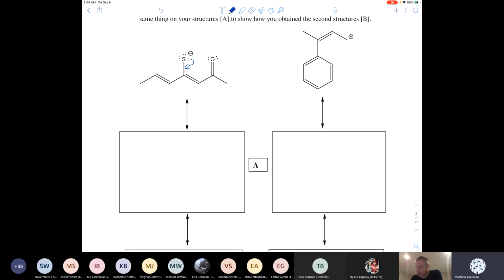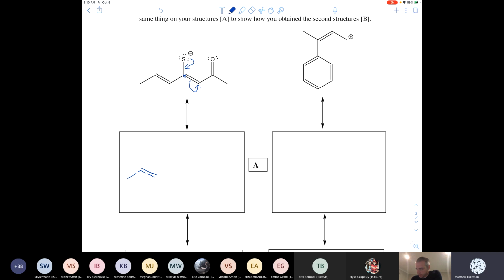We could do that, except if that's all we did, we would end up making 5 bonds to this carbon. So a pair of electrons from that carbon also has to move somewhere else. What we can do is take that pair of electrons and push it up onto the atom.